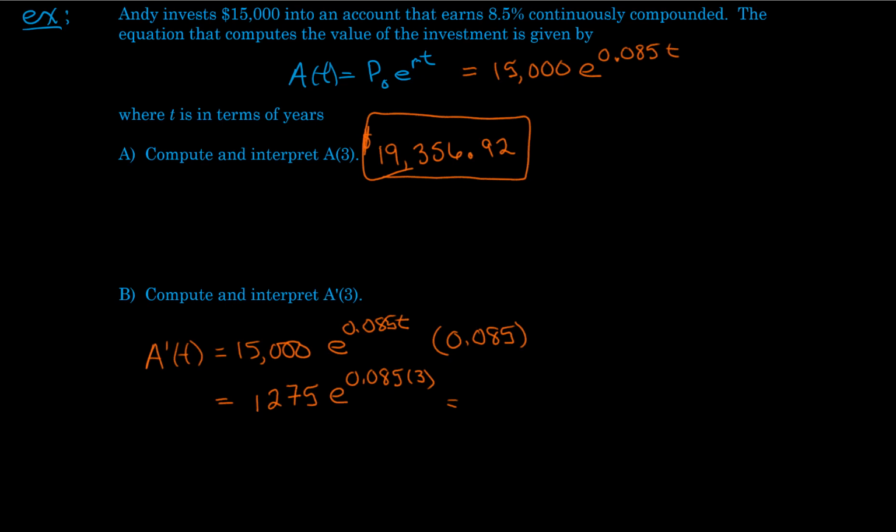Okay, so if I do 1275 times e to the 0.085 times 3, this gives us a value of $1,645.34.